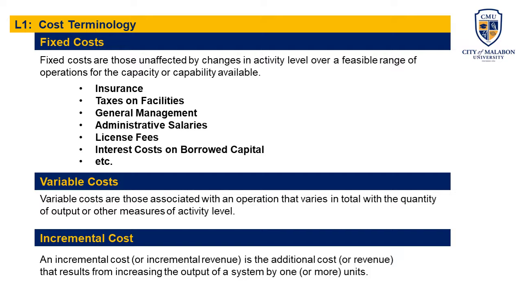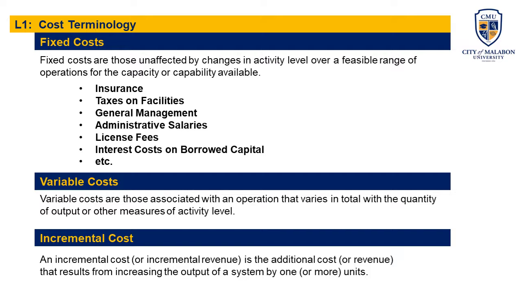Of course, any cost is subject to change, but fixed costs tend to remain constant over a specific range of operating conditions. When larger changes in usage of resources occur, or when plant expansion or shutdown is involved, fixed costs can be affected.